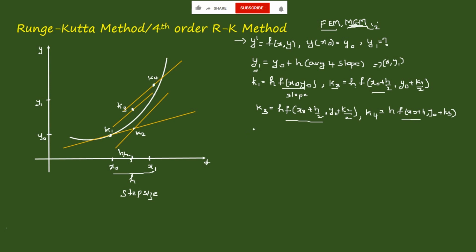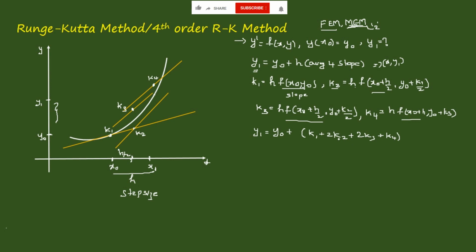Now to find the value of y1, what we do is take the average of the slopes, which is y naught plus, we have to add some extra value here, right? So plus we'll be adding k1 plus 2 times k2 plus 2 times k3 plus k4.